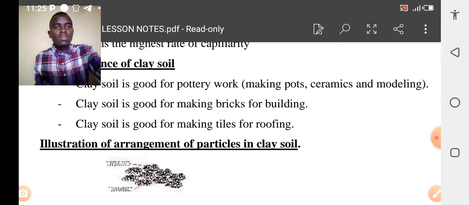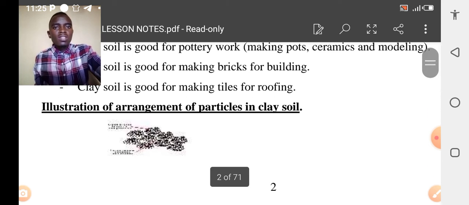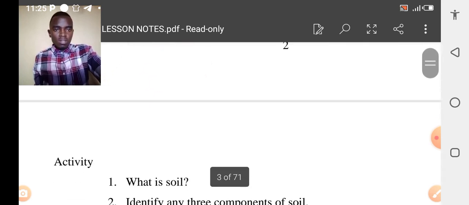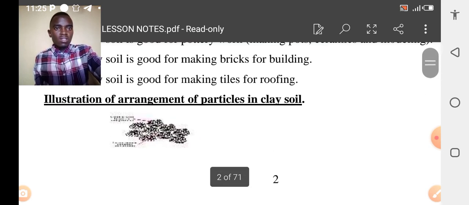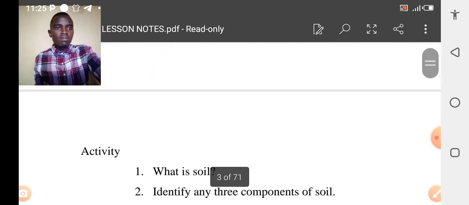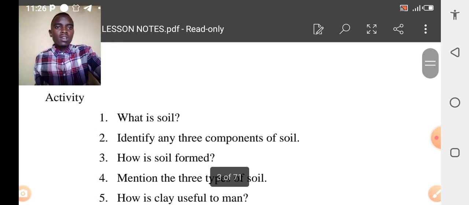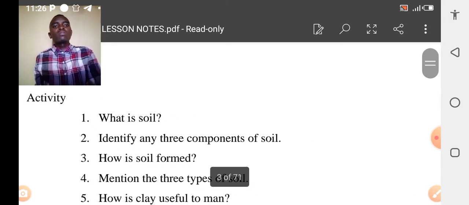When we try to see the illustration of arrangement of particles in clay soil, we have an activity like homework that you can do yourself. What is soil?